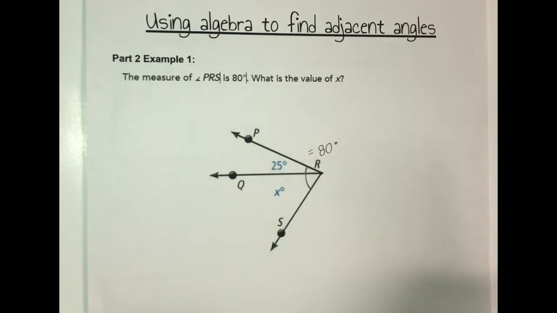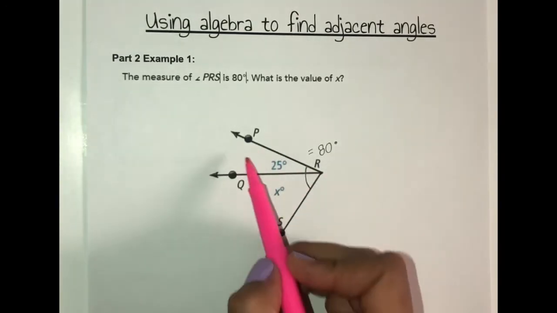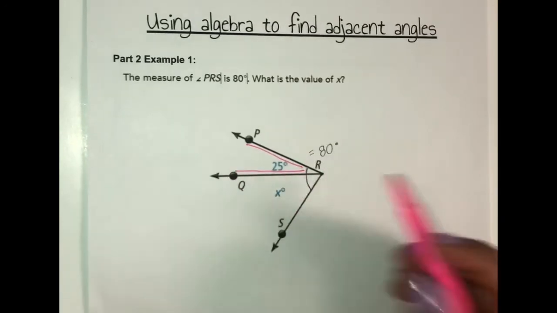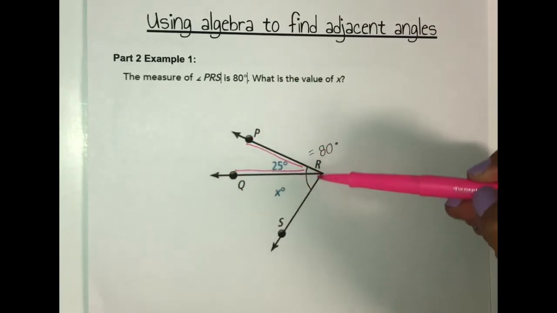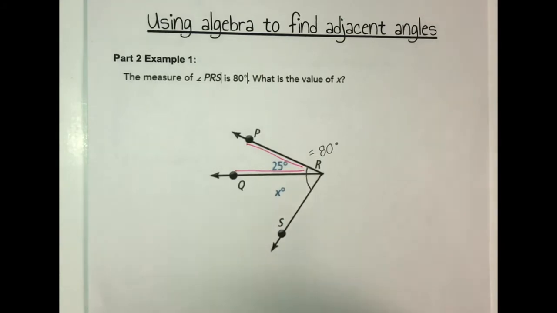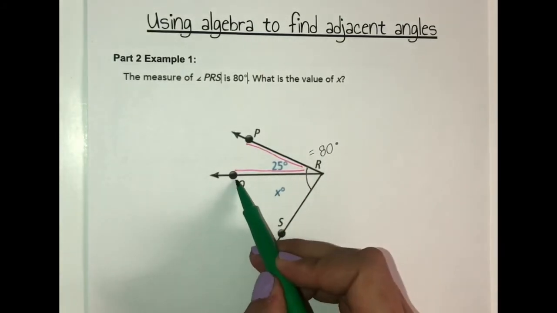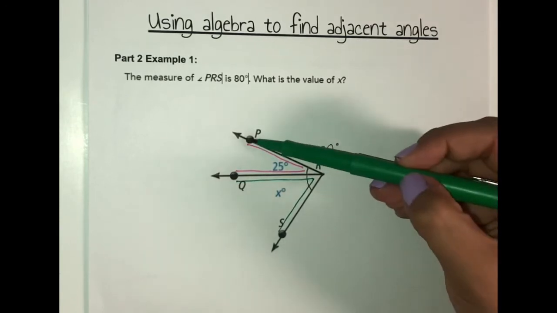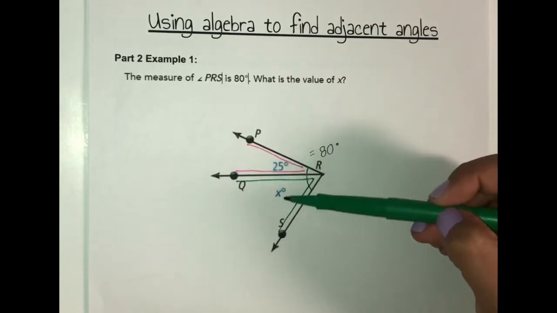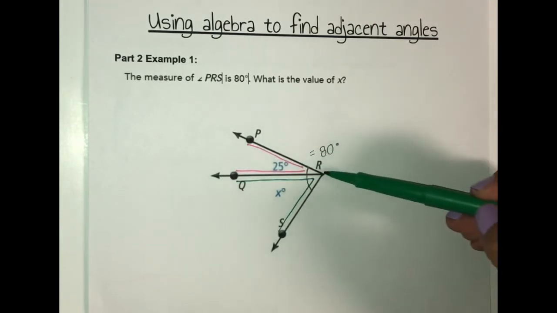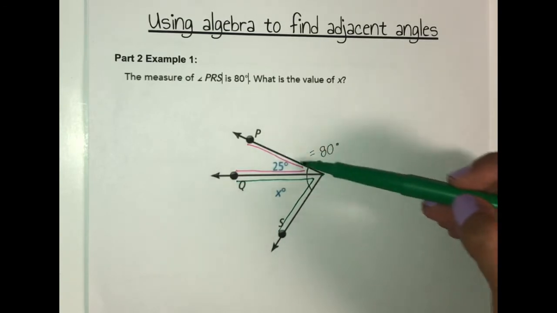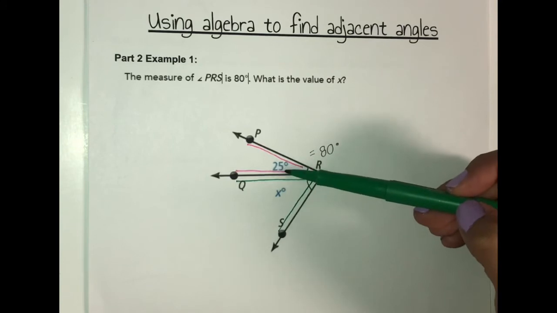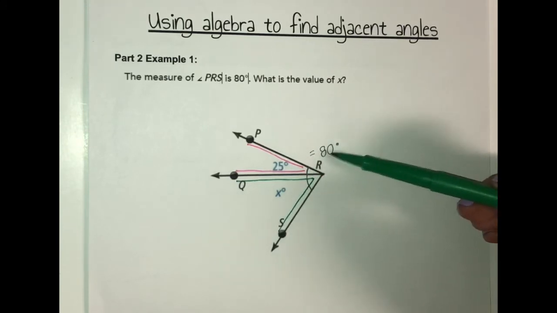I'm going to use colors: angle PRQ is inside of angle PRS, and angle QRS is inside of angle PRS. These two angles make up angle PRS. So if they make up this angle, we know these two values added together equal 80 degrees.